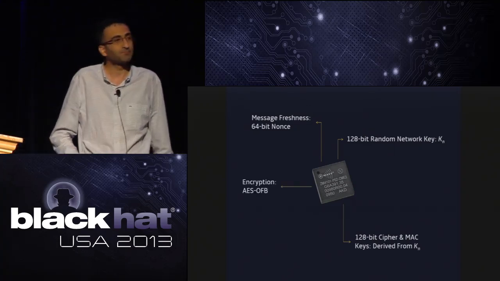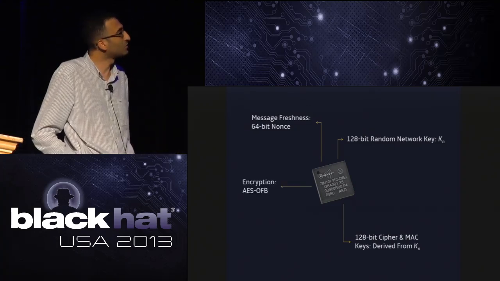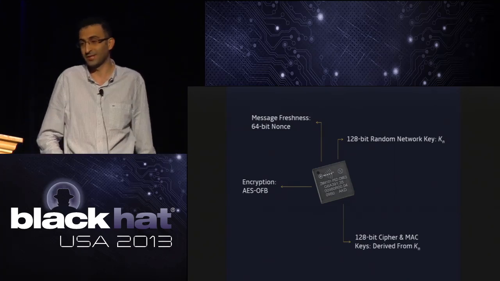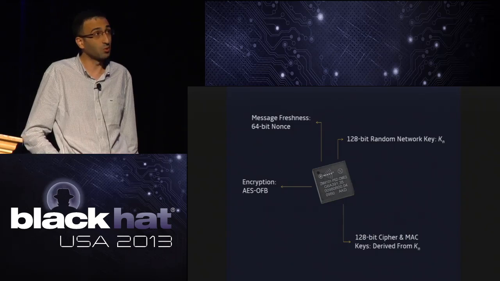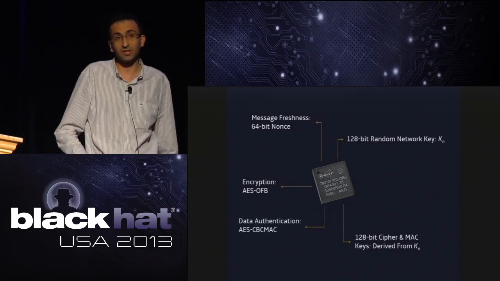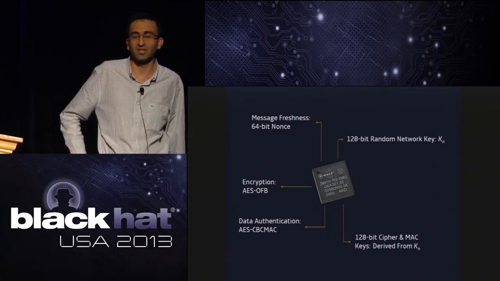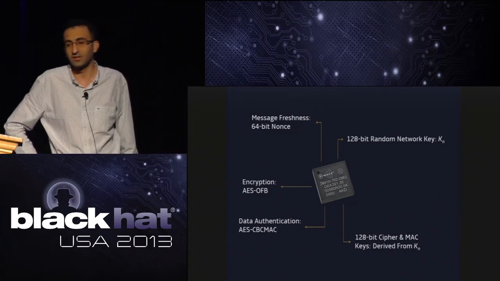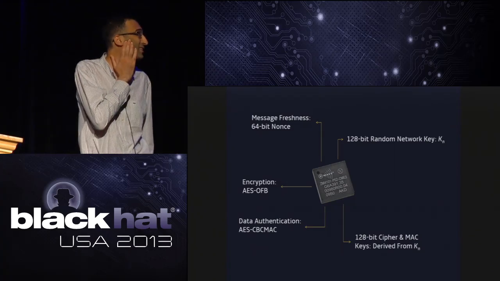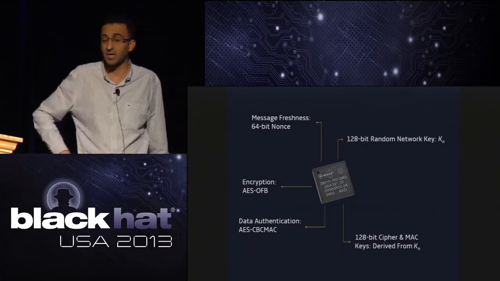And then the encryption algorithm used was the AES algorithm, well known and respected, in output feedback mode. And for the purpose of data origin authentication and integrity checking of the packets, they use the AES algorithm in CBC MAC mode of operation.